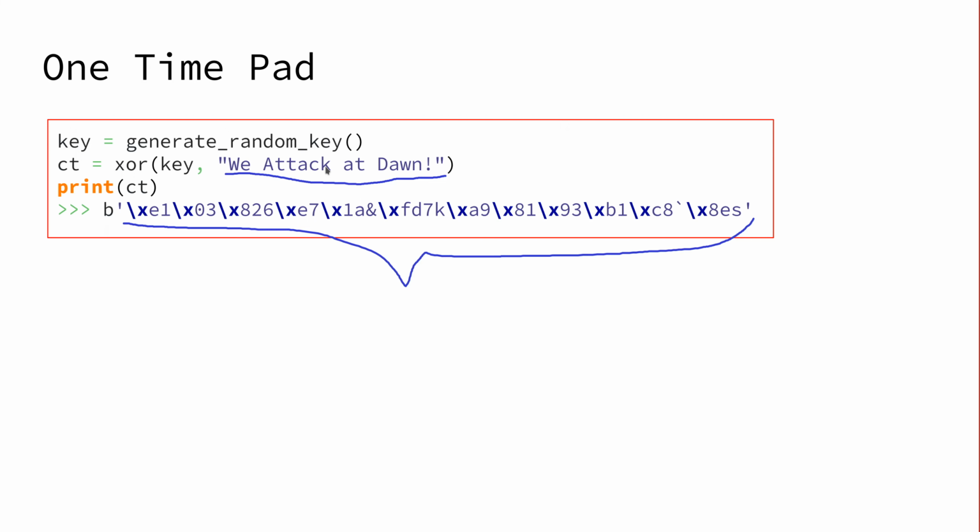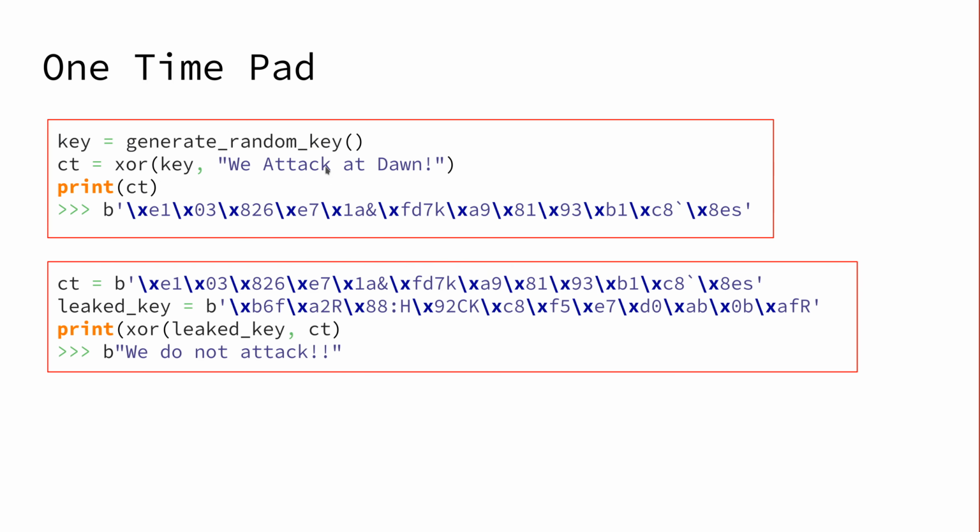And why again doesn't it leak any information? Well, let's look at it from another perspective. Imagine somebody gets this ciphertext, and then from another source he gets, okay, here is the leaked key, and he uses this leaked key. Somebody told the attacker this key is the actual real key, and he XORs this leaked key that he thinks is the actual key with the ciphertext and gets a message out. And the message is, we do not attack.